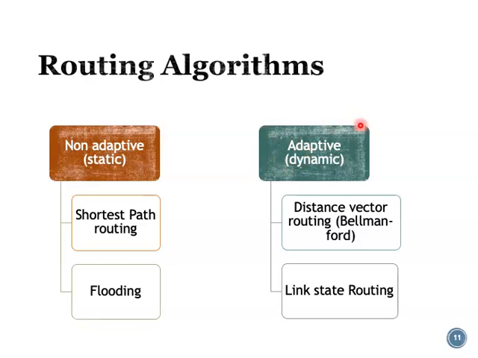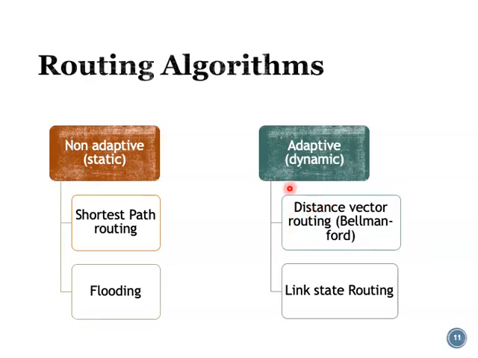A topology change can be caused by node or router failure, or perhaps new routers or hosts being added to the network. So the dynamic algorithm can be run either periodically or in direct response to topology or link cost changes.